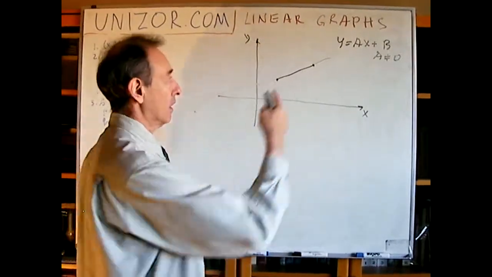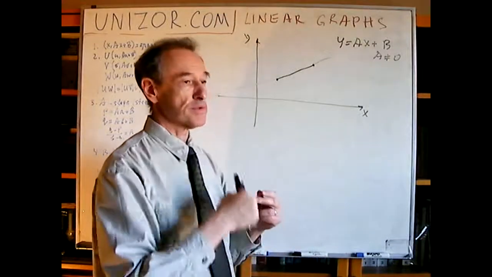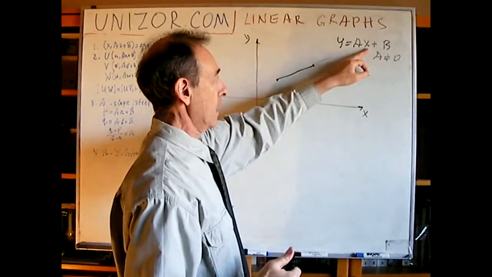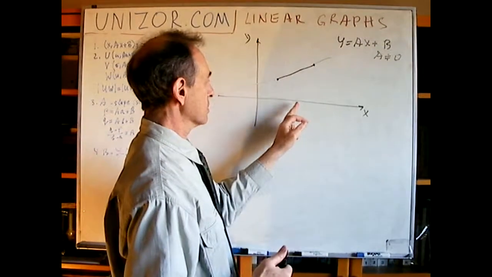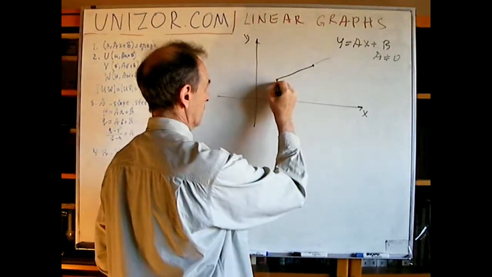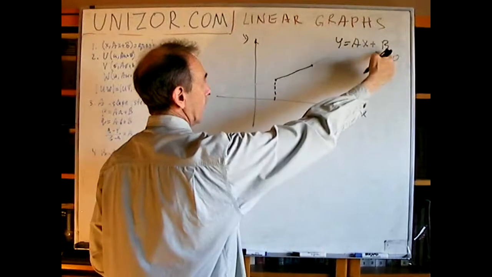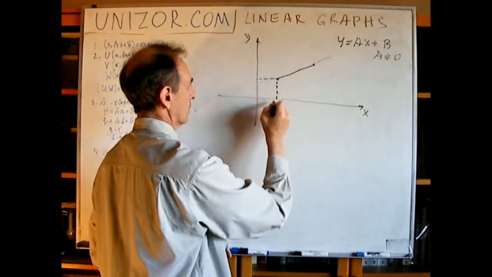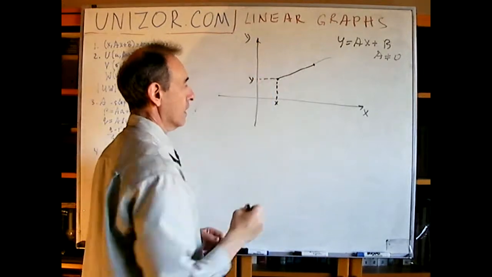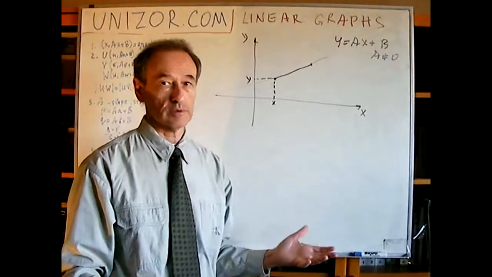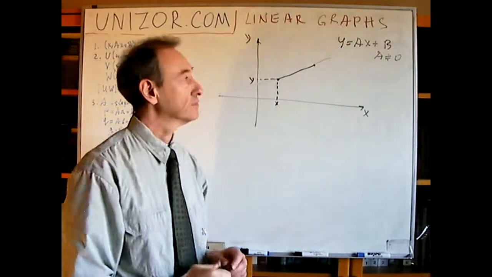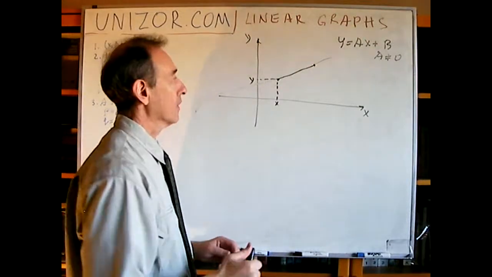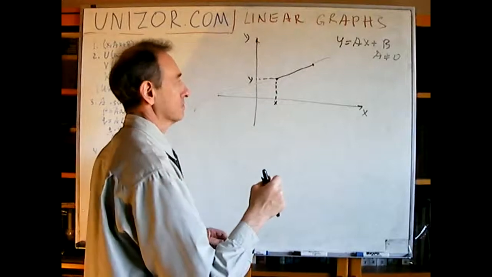Now, graph of this function goes through certain points, right? Point x is an argument, which is here, and y, as a result of this application of this function, would be here. This is x, this is y. That's how we basically draw the graph. What I suggest is the following. Let's have 3 points on the graph.